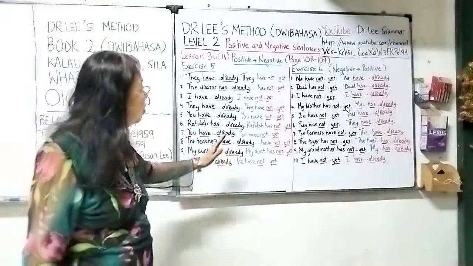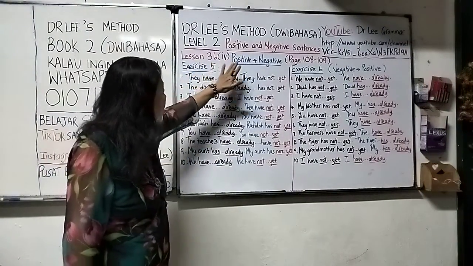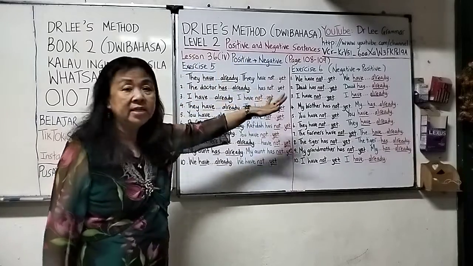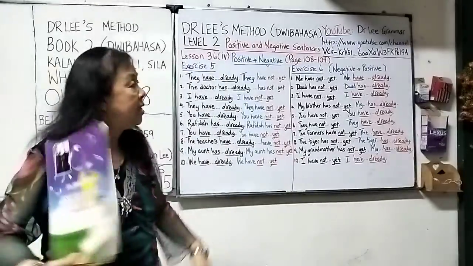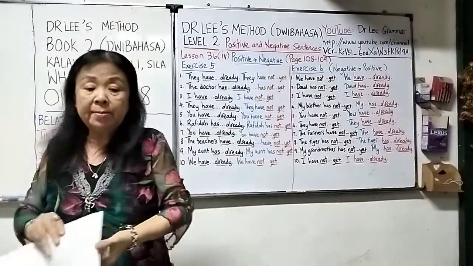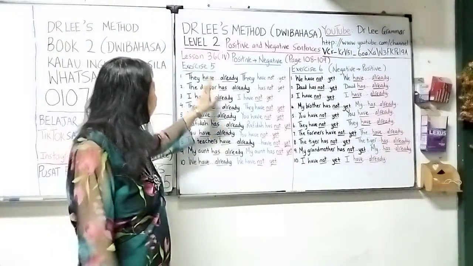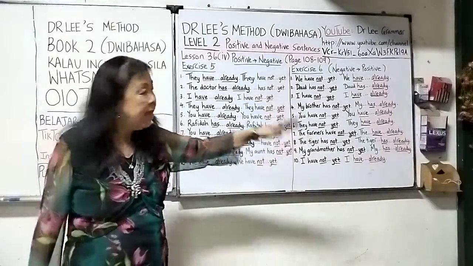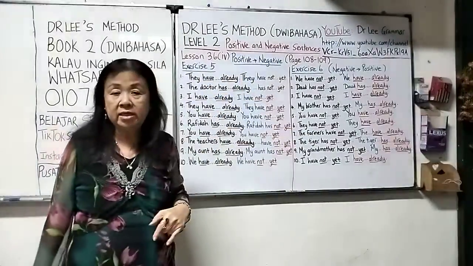Okay, now let us look at the board. Positive and negative sentences, lesson 36, video 4, exercise 5, exercise 6. If you have this book, I'm actually at page 108 and page 109. Exercise 5, exercise 6. In exercise 5, you have to change the positive to the negative.